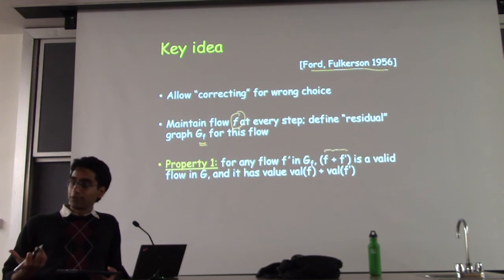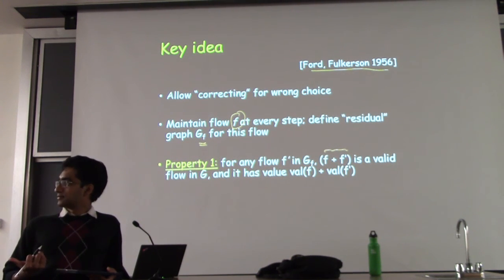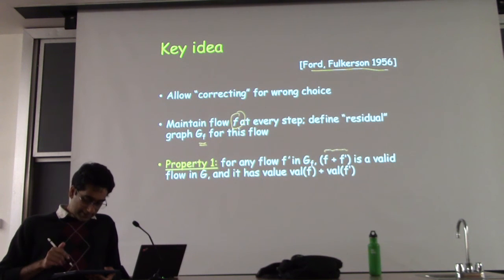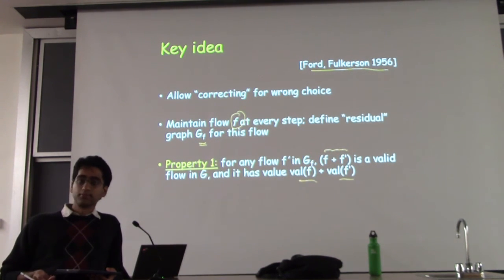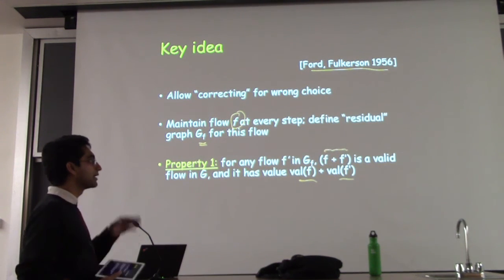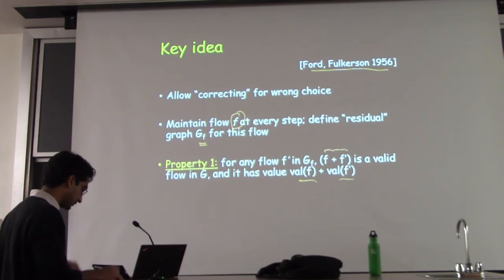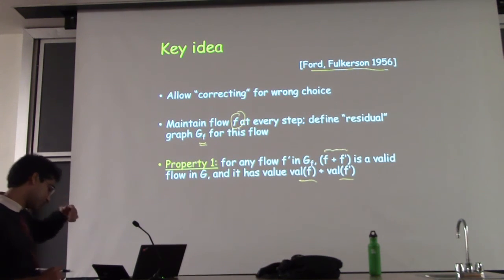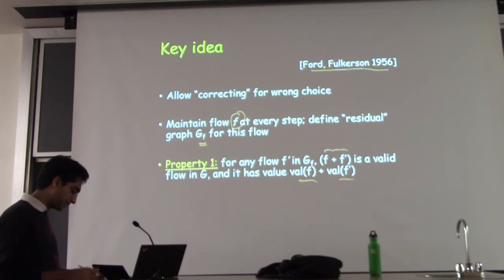It will be a valid flow and it satisfies all the constraints. And the value of that flow will be value of f plus value of f prime. So this is the main idea behind this algorithm. We'll see this definition again, so you will understand this more, but this is the general idea.